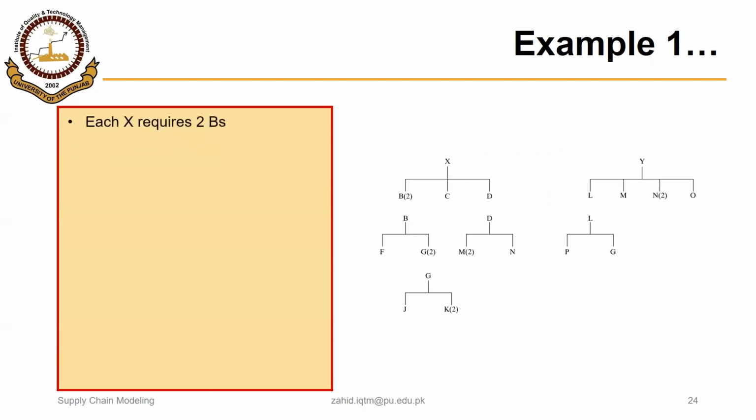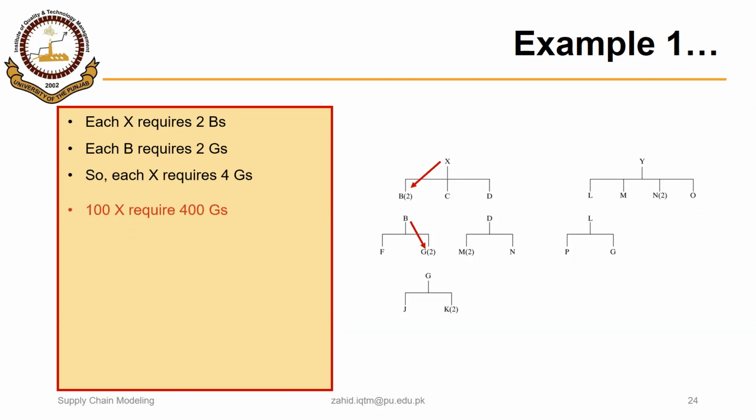You can see from this figure that each X requires 2 Bs and each B requires 2 Gs. That obviously means that each X requires 4 Gs, 2 into 2, 4. So 100 X's require 400 Gs. 100 into 4 is 400.